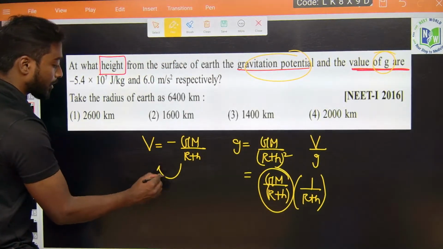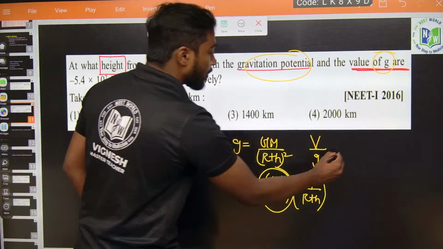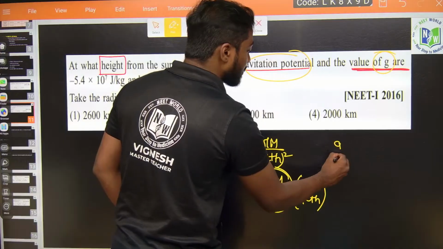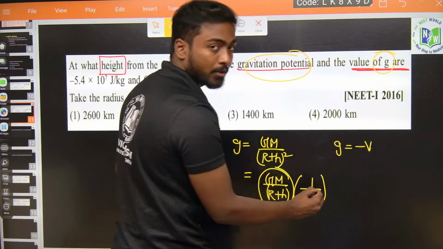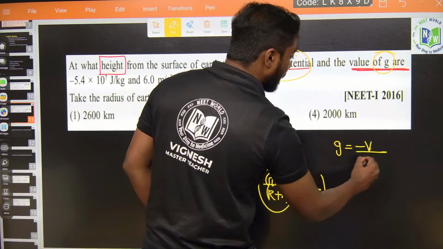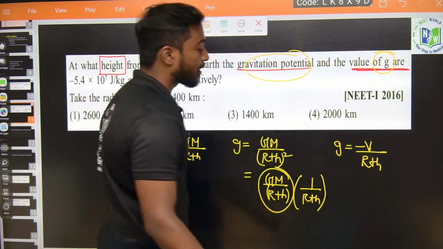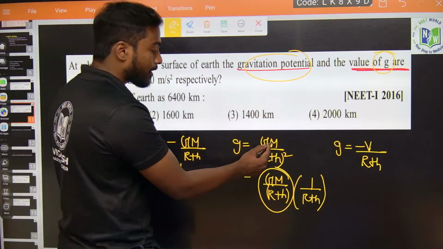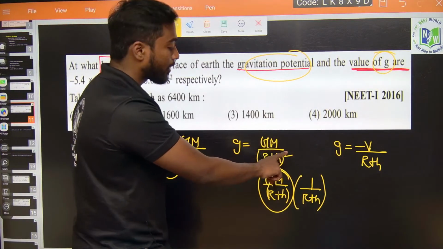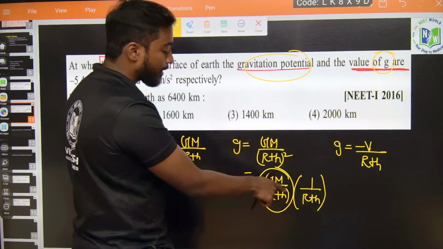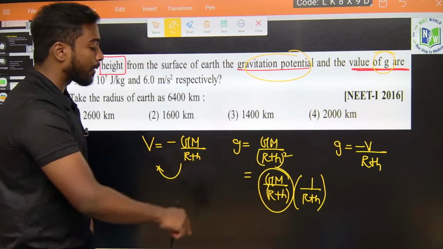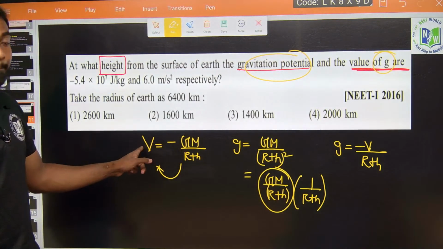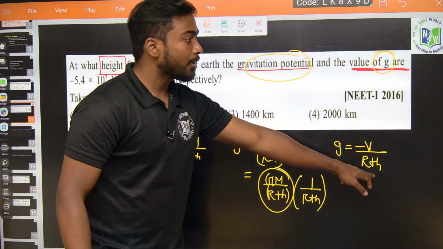It is minus V. So g will be equal to minus V by R plus H. Note down, guys: g is GM by R plus H the whole square, so one factor I have taken separately, and the remaining GM by R plus H is equal to minus V.